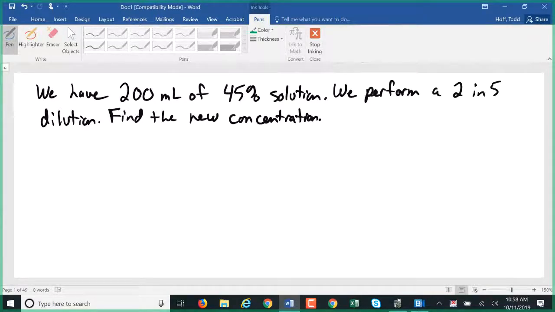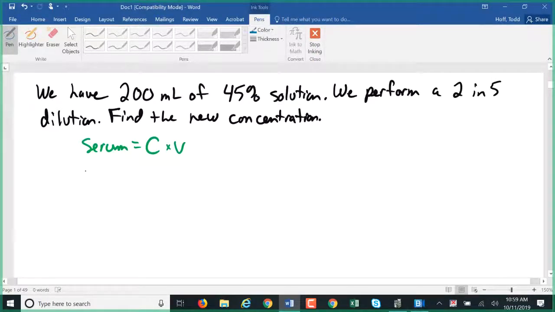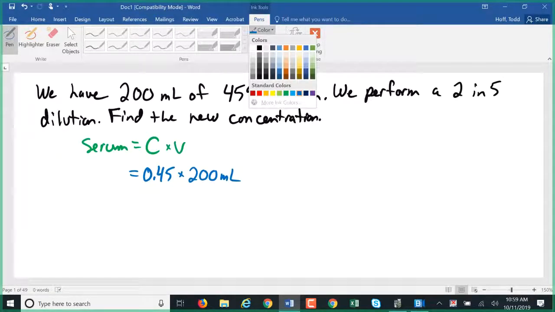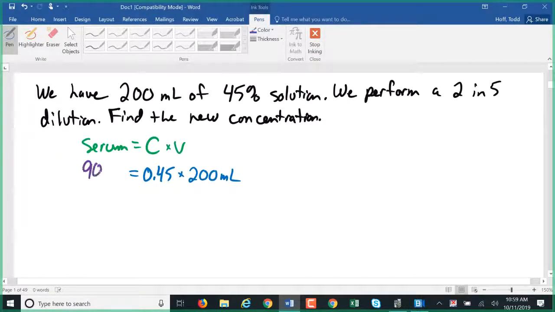So we have 200 milliliters of a 45% solution. First thing I'm going to do is figure out what we had for serum and saline to begin with. So again, serum equals concentration times total volume. Concentration of 0.45 times the volume of 200 milliliters gives us 90 milliliters of serum.